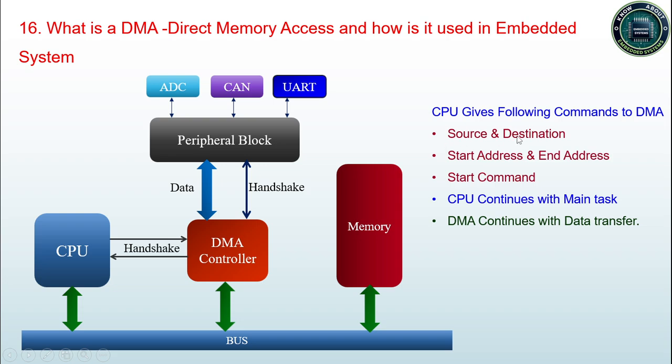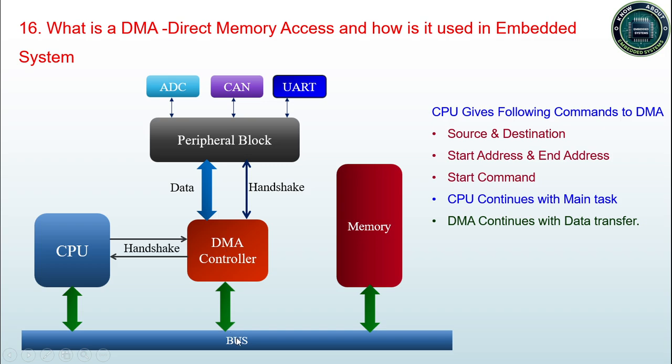So that's why the processor will give source and destination, starting and ending address, and then a start command. These three important commands will be given by the CPU. That is called the handshaking mechanism. Okay, so the CPU will give commands to DMA, and once the start command is given by the CPU and received by the DMA, DMA will continue with the data transmission.